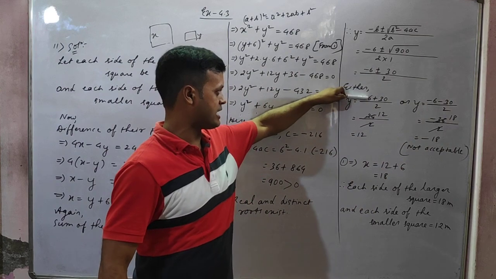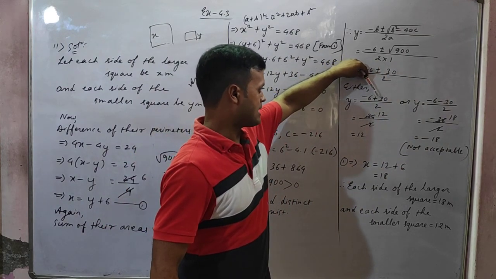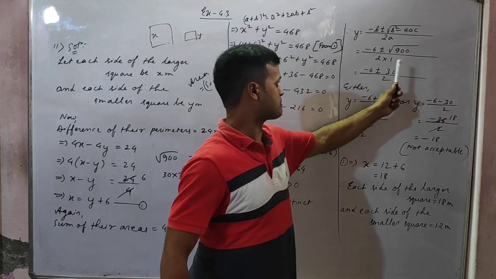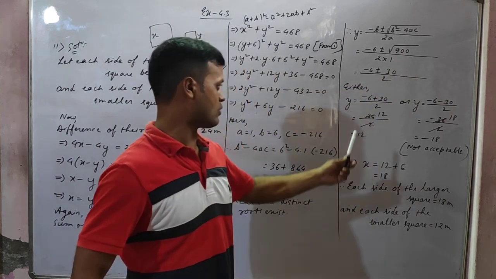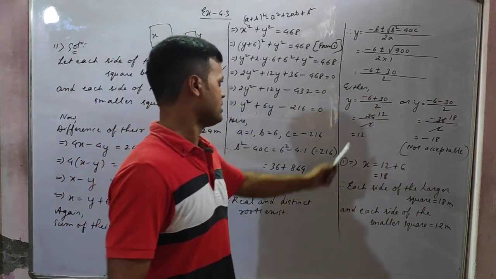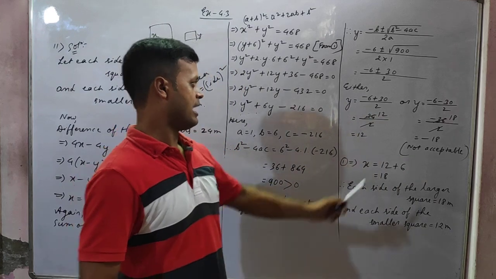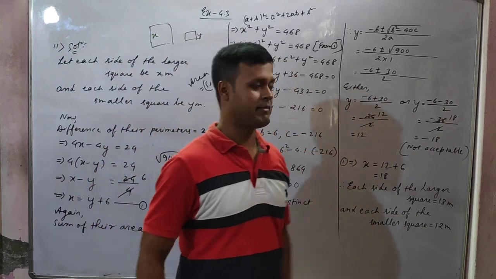Once I will take plus and the other time I will take minus, because the plus minus sign is here. The rule is that once you have to take plus, and the other time you have to take minus, isn't it? So 30 minus 6 is how much? 24. 24 by 2 is 12, and minus 6 minus 30 will become minus 36.